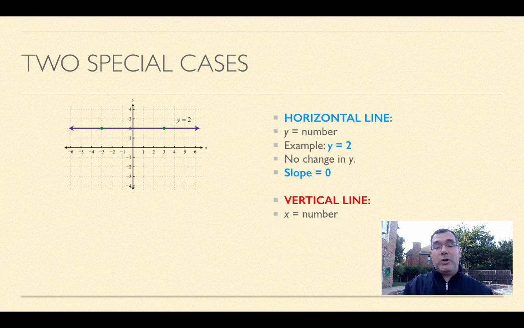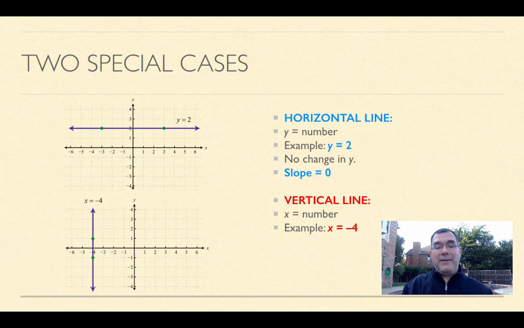Now let's talk about a vertical line. The equation of every vertical line is x equals a number, because now I'm going across a constant amount of spaces to get to that vertical line. So for example, if I have x equals -4, I would have to go across 4 spaces to the left in order to get to that line, but I could go up or down as much as I wanted, so y really doesn't matter.